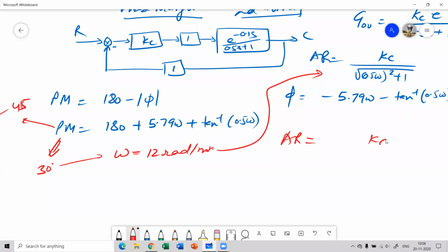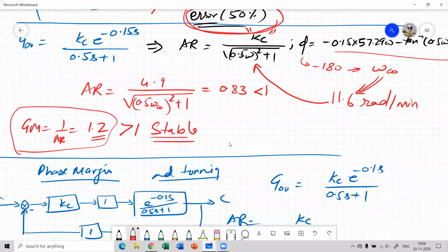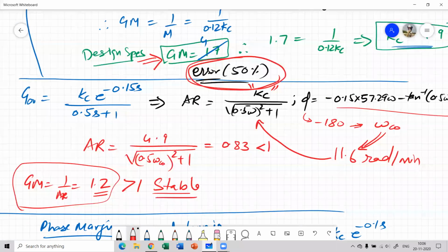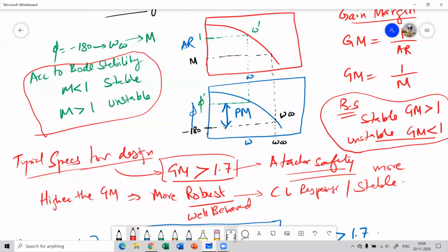So AR is Kc over the square root of (0.5 omega) squared plus 1. We substitute this value of omega over here and take AR equal to 1. Why are we taking AR equal to 1? For phase margin, if you look at this figure, I've told you that if AR is 1, correspondingly we have some phi. So phase margin is basically the difference between 180 and phi.